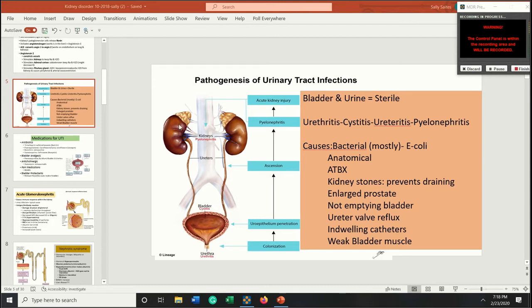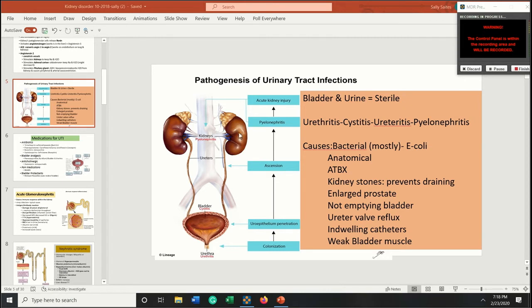So these are all UTIs that can start in any location. The majority of these, though, are either from systemic infection or the infection ascends from the urethra to the bladder to the ureters and then to the kidneys.